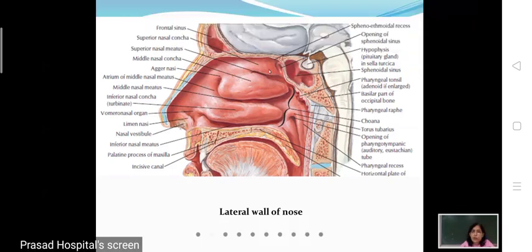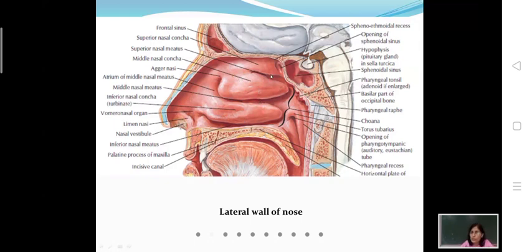So the superior nasal concha and the middle nasal concha are part of the ethmoid bone, whereas the inferior nasal concha is a separate independent bone. So usually three nasal conchae are present: superior, middle and inferior.